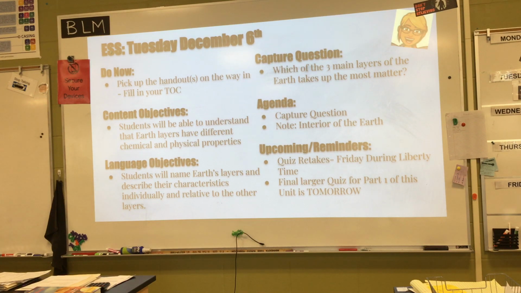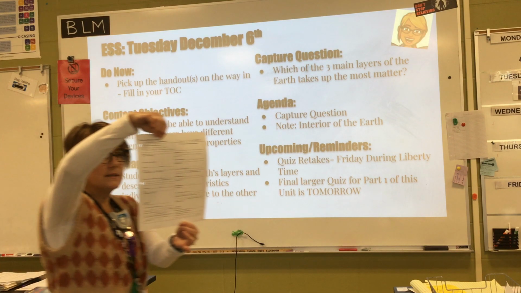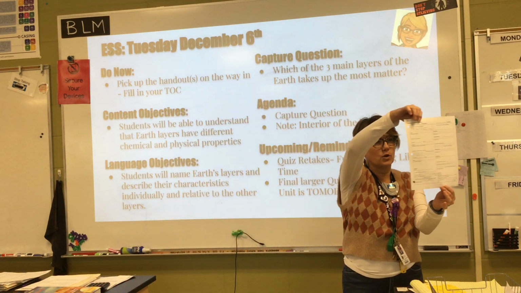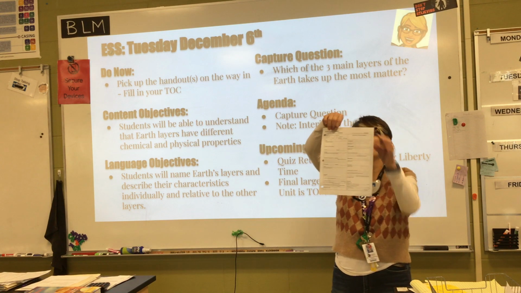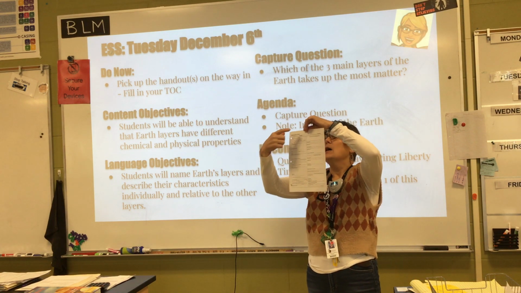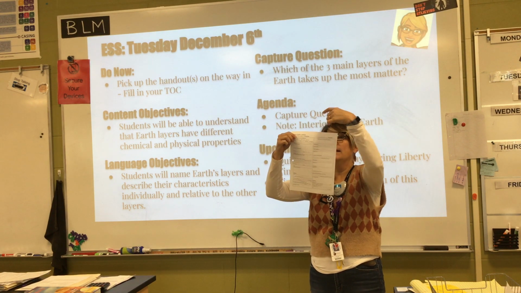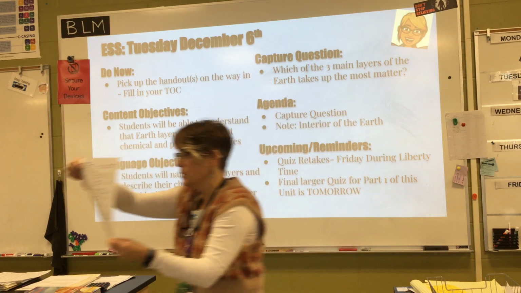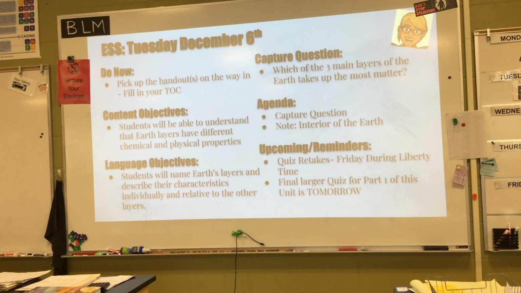If you could please get this piece of paper out, you picked this up yesterday. We started it yesterday, chemical composition on one side, physical properties on the other side.